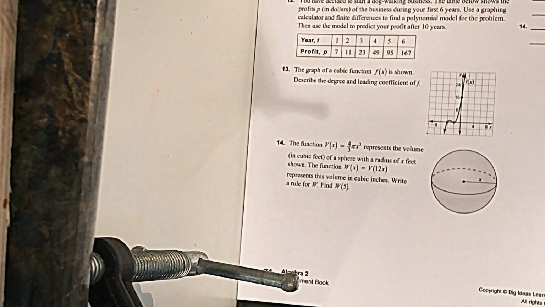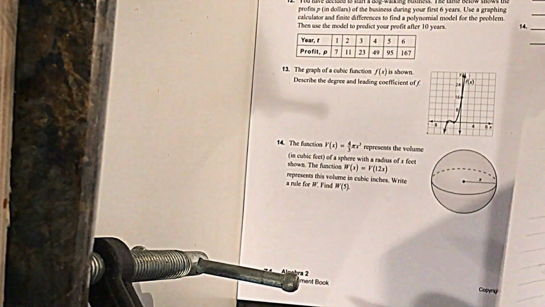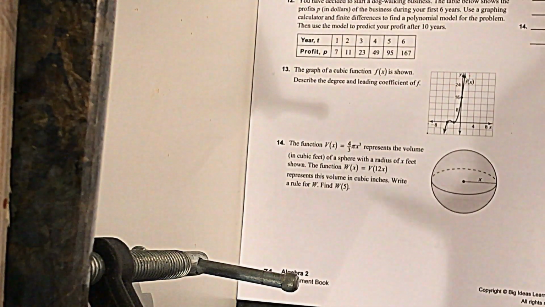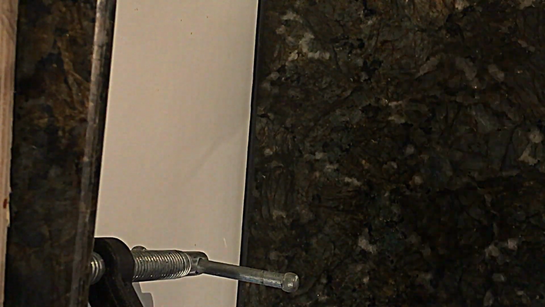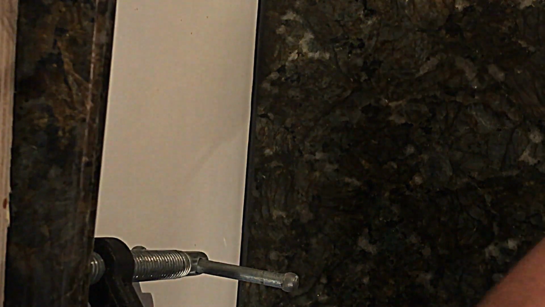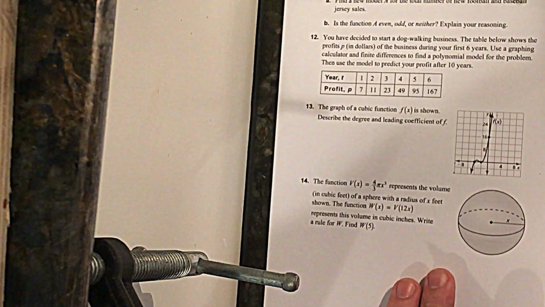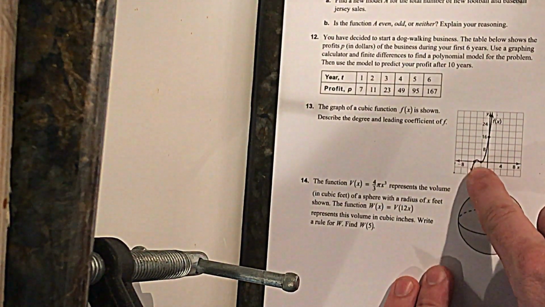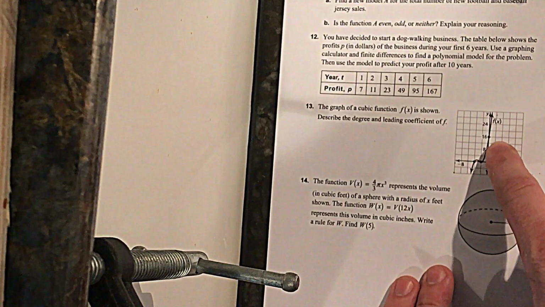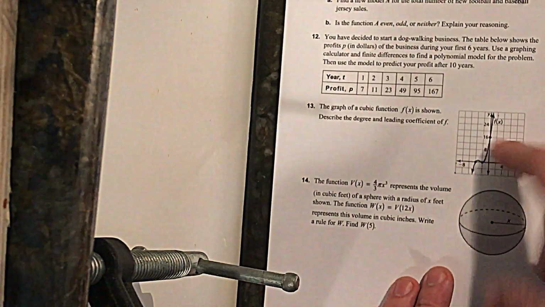So let's look now at the cubic graph that they give us. We can see that it is a cross and a bounce, and it has a y-intercept of 16.